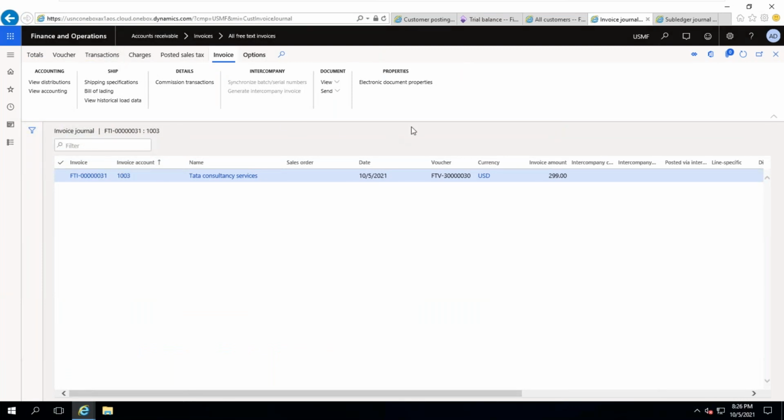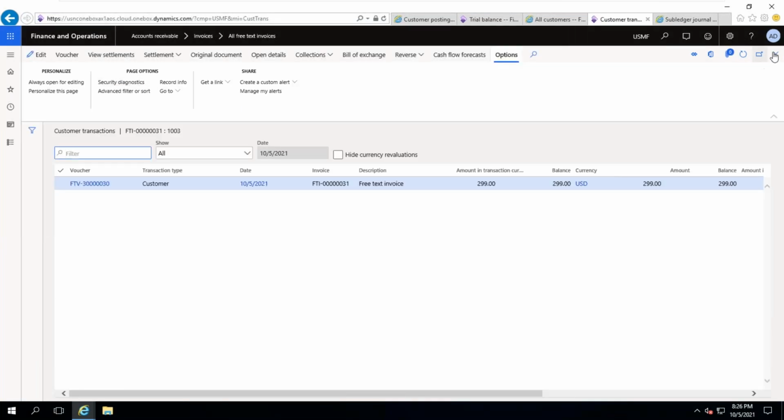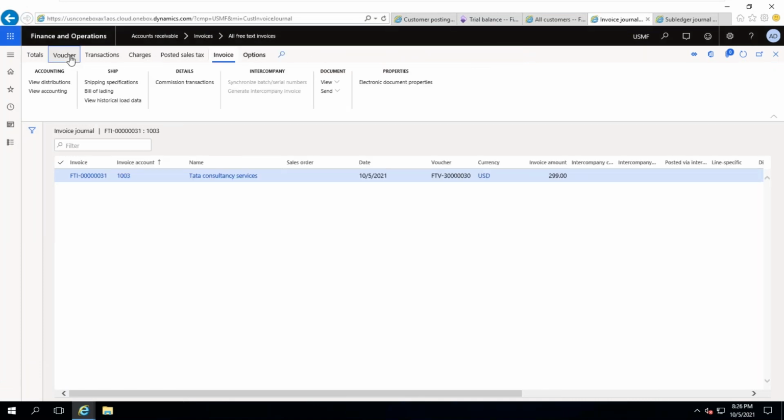Sorry, voucher, not transactions. You need to go to voucher. It will post to 130100.